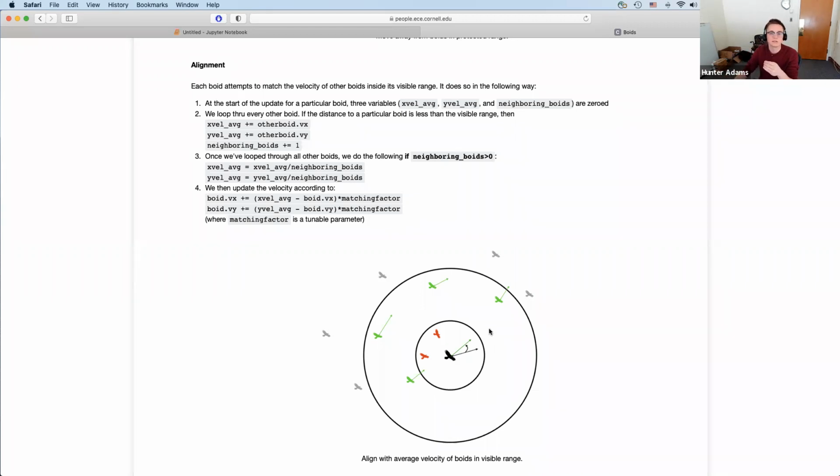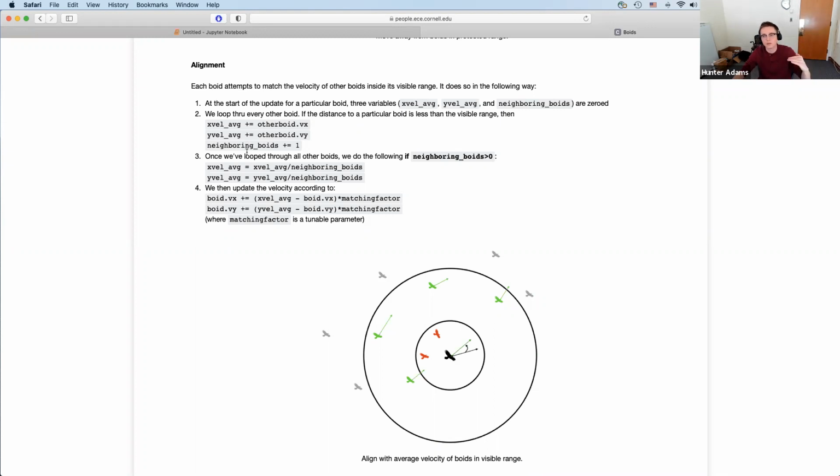So we calculate the distance to each boid and we see if it's within this region. If it is, we increment these two variables, x velocity average and y velocity average, by that boid's x and y velocities, and we increment the number of neighboring boids by 1.